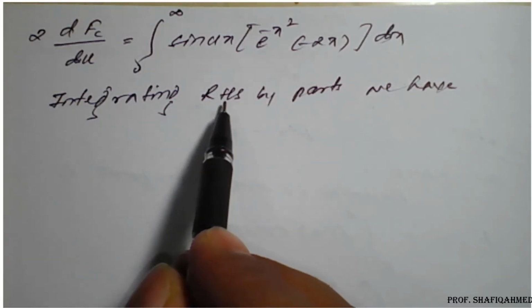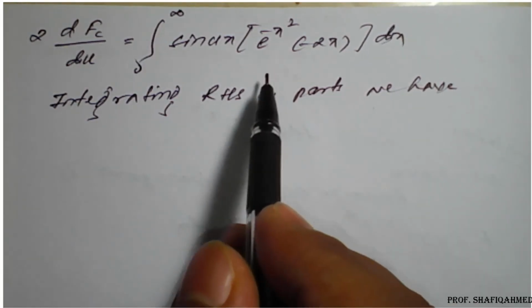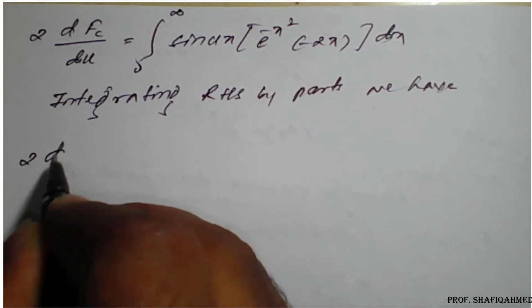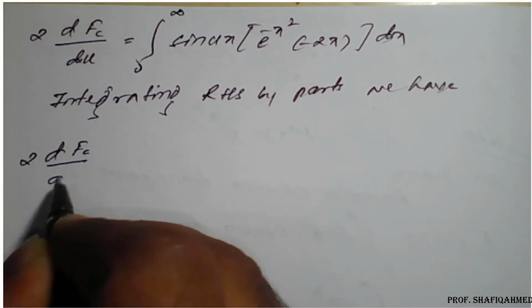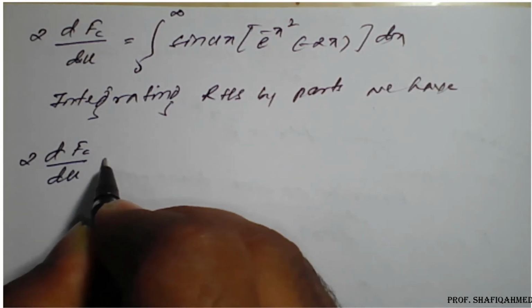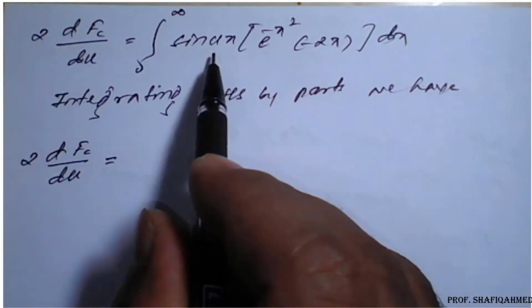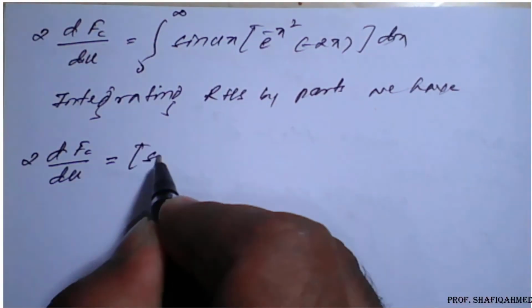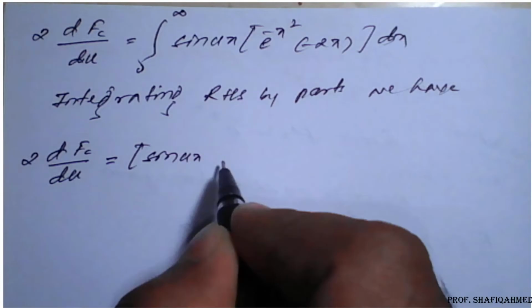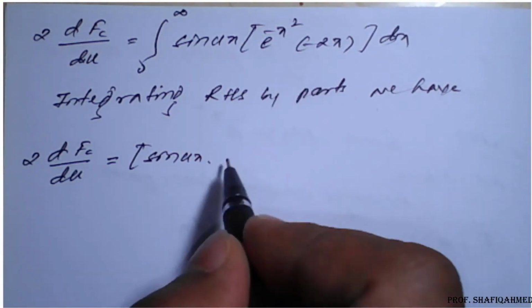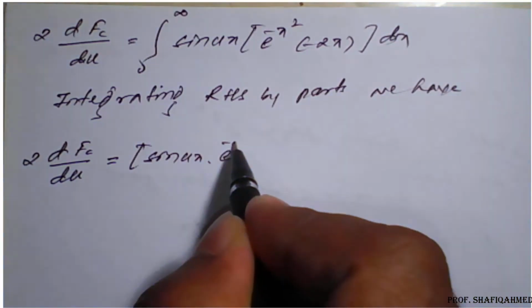Now integrating the RHS by parts, we'll see what happens. So 2 times dfc upon du is equal to, by integration by parts, we keep sine of ux into e raised to minus x square.